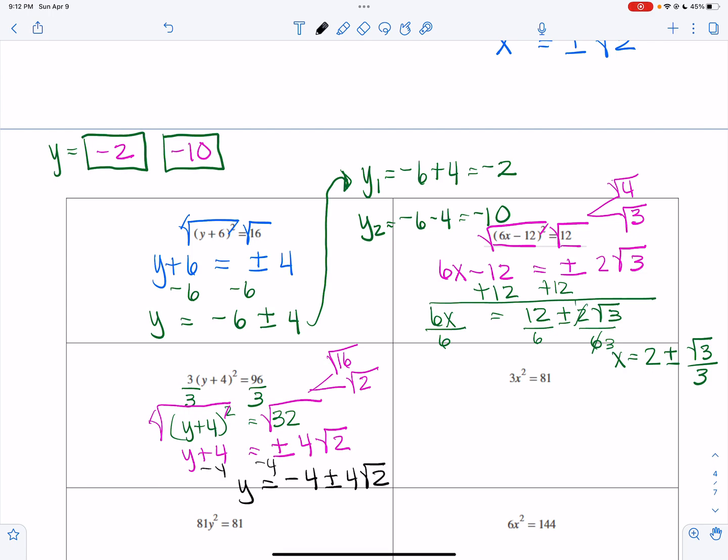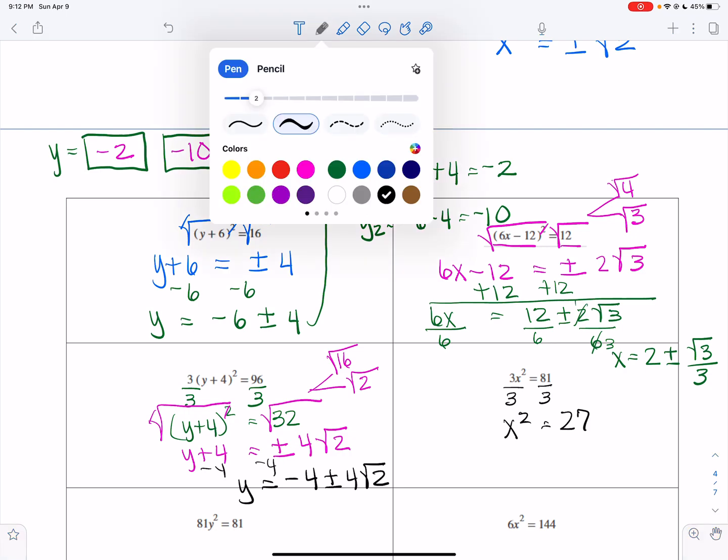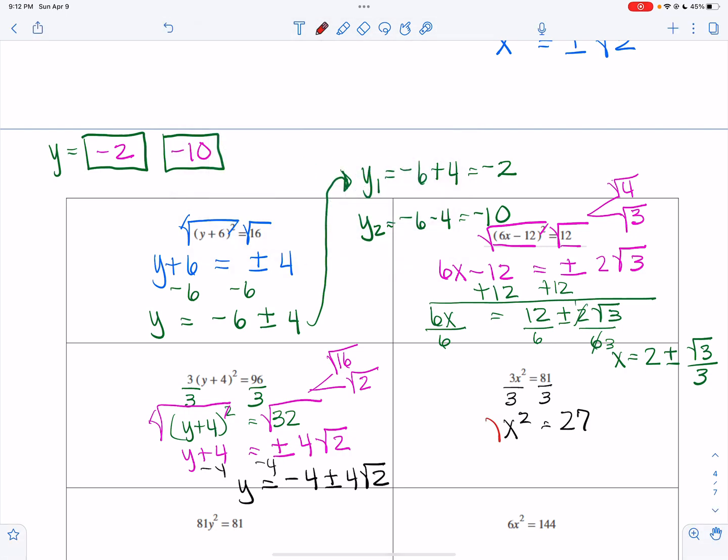Okay? All right, so let's eliminate this 3 by dividing through. So x squared is equal to 27. Now we take the square root of the left, the square root of the right, cross that off.